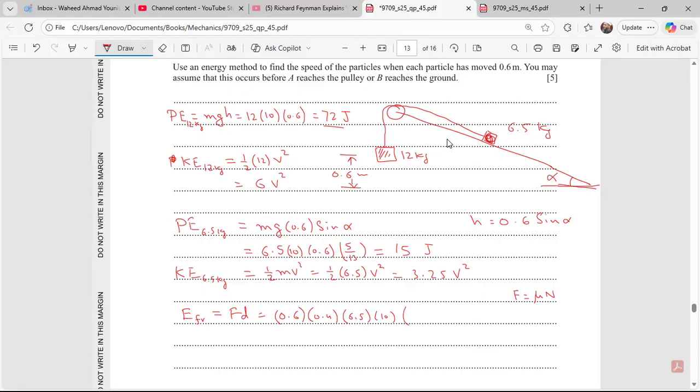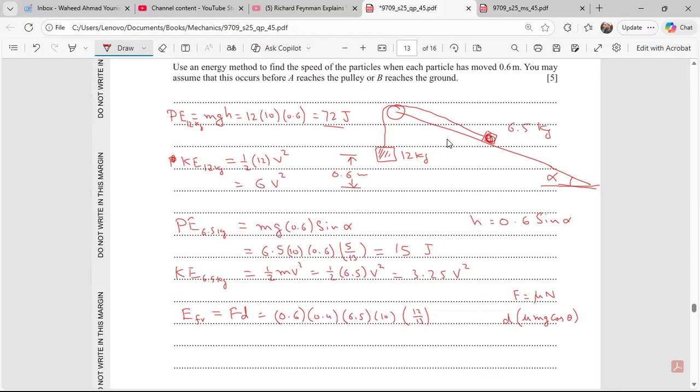And cosine of theta was 12 over 13. Basically, the formula I'm using is D, which is 0.6, into F, which is mu, times mg cos theta. Okay, so this is D, this is mu, this is mg cos of theta.